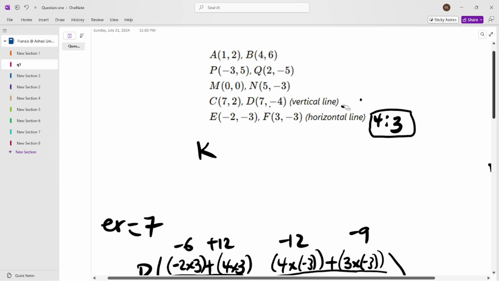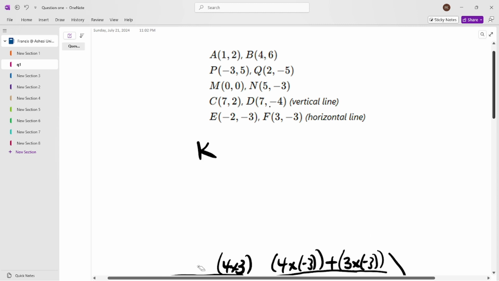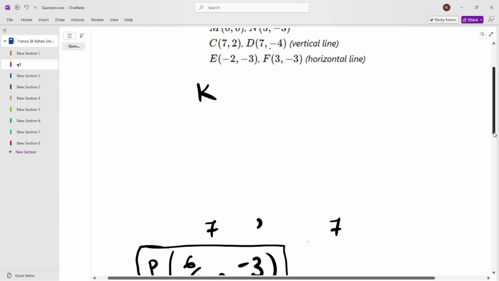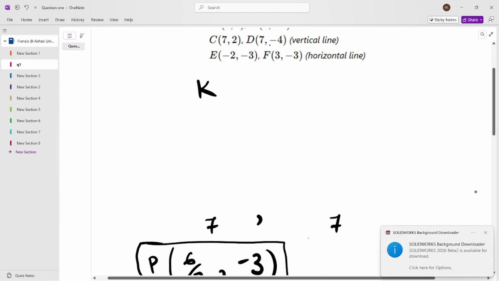But did you follow the one we did right now? I just did the equation of the line and the slope and those parts. No, I mean for this particular question that we are going to solve, the internal division and external division.